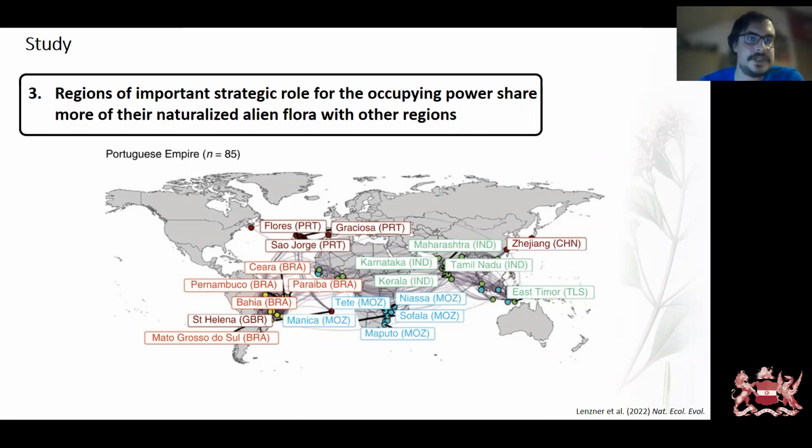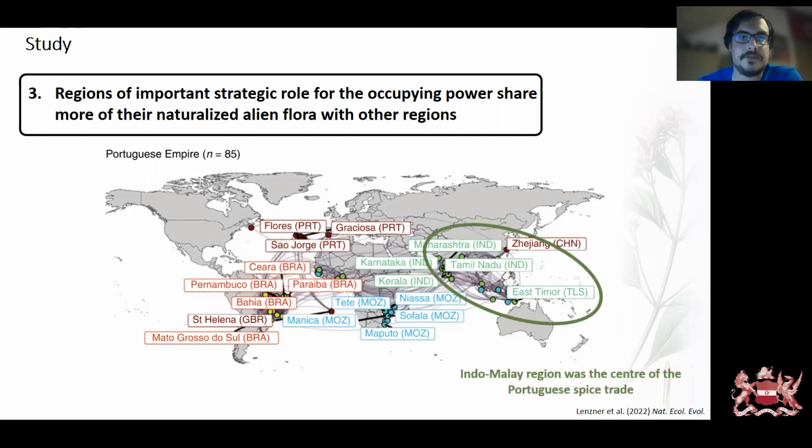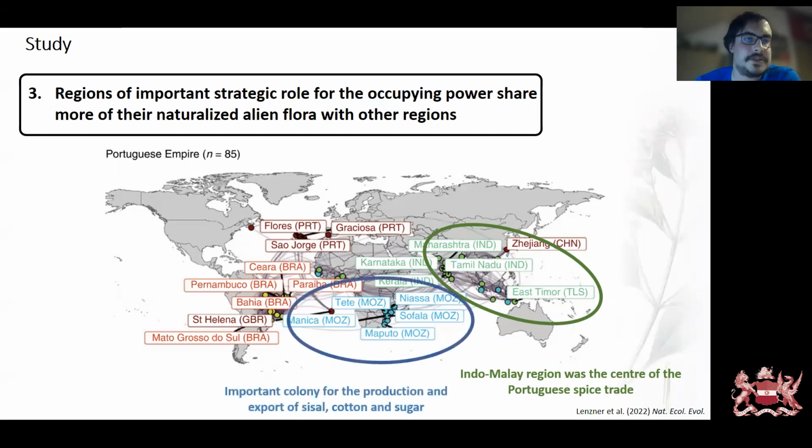For the Portuguese Empire here as the example, this makes sense, as for the other four as well in large parts. Here we see the Indo-Malay region being indicated as an important region, as it was the center of the Portuguese spice trade. Also, the important colonies here in Mozambique for the production and export of sisal, cotton, and sugar.